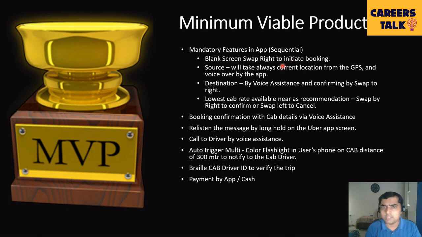Once this swipe right is done, it triggers and says booking is initiated, and the source location will be auto collected through the blind user's phone via GPS. Okay, and this Uber app will tell what location is taken as the source. Then the Uber app will ask about the destination, which the blind user will tell by voice command.